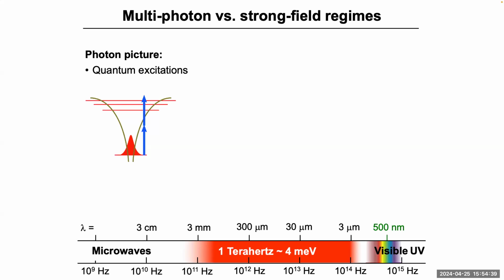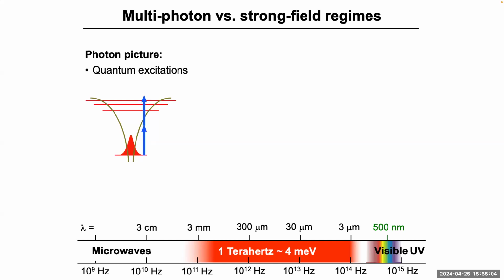So now let's think what happens if we have optical light. Let's say we have an electron here down at a potential level, and we send in some light and we want to excite it out of that potential level. But the photon energy is not high enough. But 2 of the photons will be enough. So let's say we send in a high enough intensity that we have a high probability of absorbing 2 photons at once, and the thing will jump out, right? Sounds good. That's what I would call a multi-photon process.